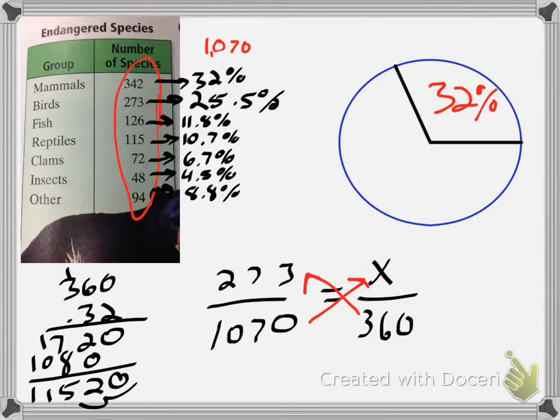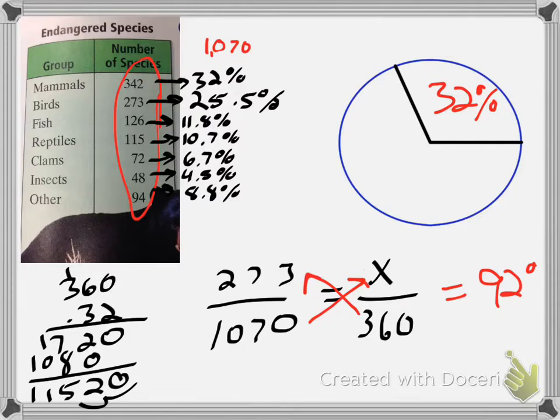Once we cross multiply, we end up getting that x is going to be equal to roughly 92, or 92 degrees, not percent.